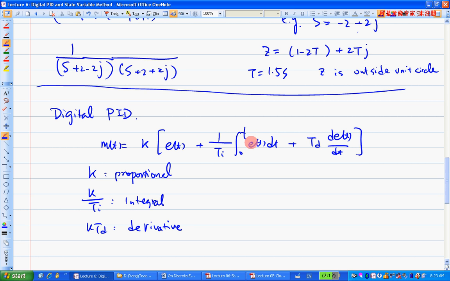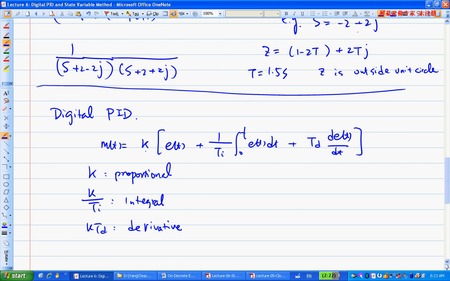So what happens is you integrate this error, and this portion takes a derivative of the error. You should remember the effect of each of the gains here. The integral part is trying to decrease the steady state error. The derivative part is trying to add damping into the response, and the proportional part is trying to increase the response time.